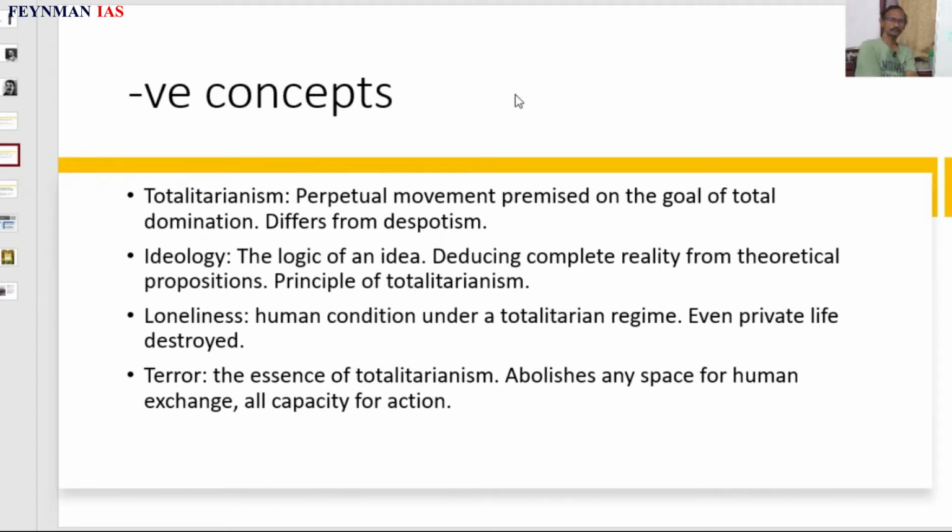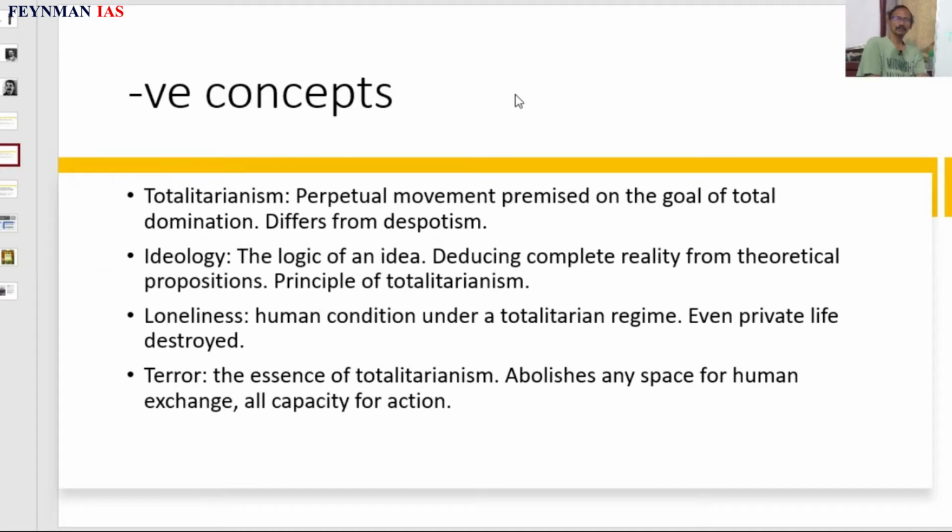Negative concepts refer to the concept of totalitarianism. Totalitarianism refers to perpetual movement premised on the goal of total domination, differs from despotism.